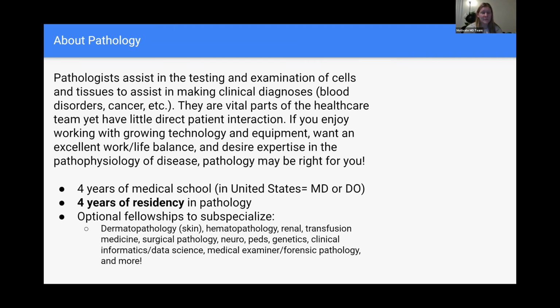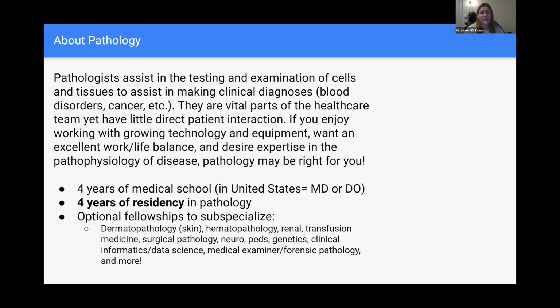So pathologists assist other physicians in the testing and examination of cells and tissues, which help make clinical diagnoses. And you can literally do this for any part of the body. The ones that I listed here, I would say, are the most common for blood disorders and for cancer, but they have literally everything.